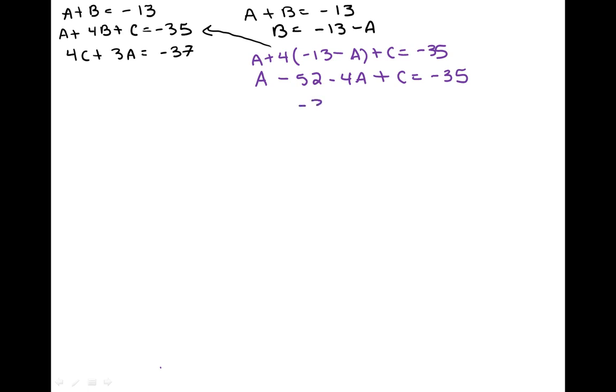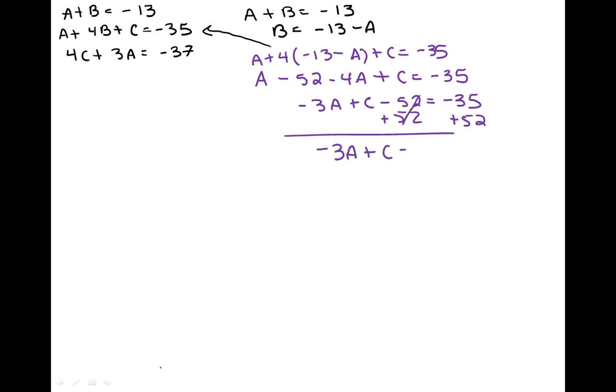So negative 3a plus c minus 52 equals negative 35. Add 52 to both sides. So negative 3a plus c equals 17.